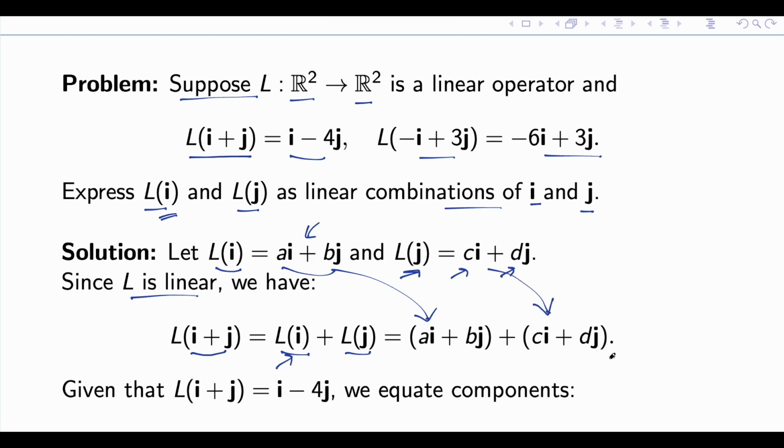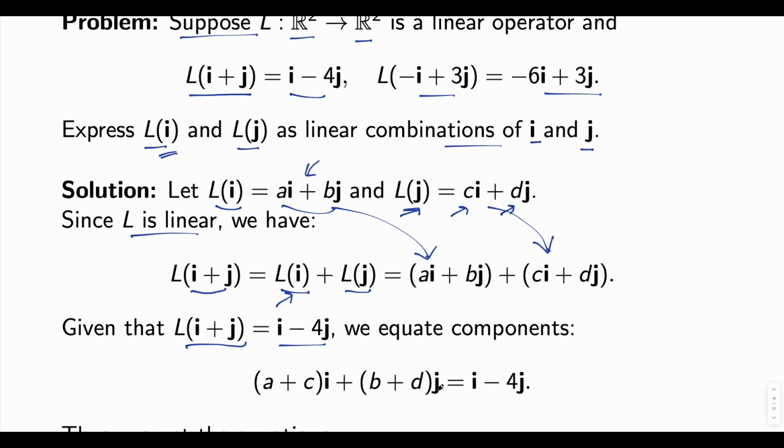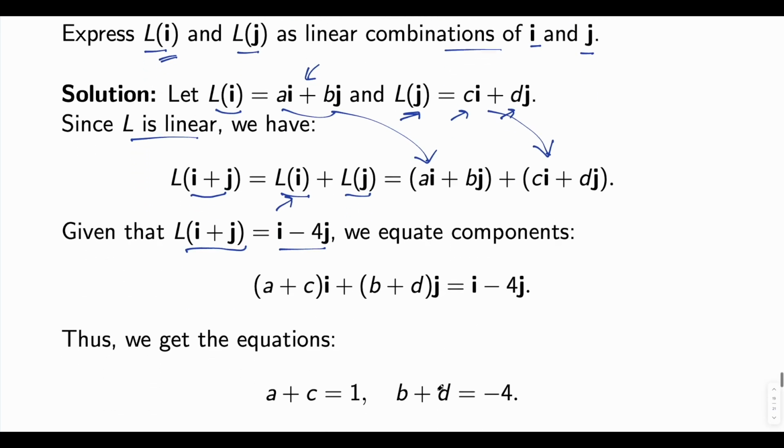We can write them, collect the coefficient of i and the coefficient of j, and then L of (i plus j) is already given as i minus 4j. So we compute the coefficients of i on the left hand side and right hand side, and then equate them.